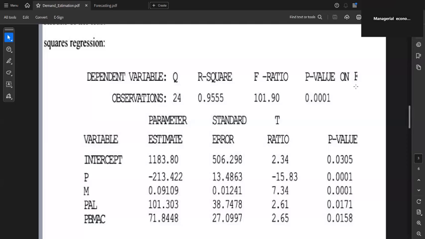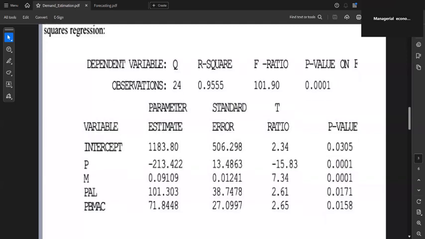As you can see, the p-value is low, meaning the probability is high, and the F ratio is high as well.